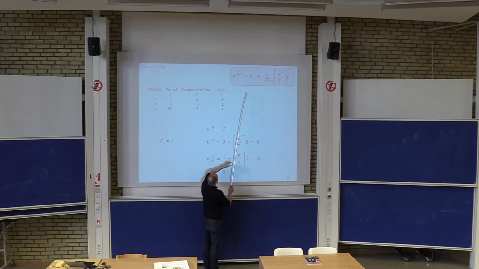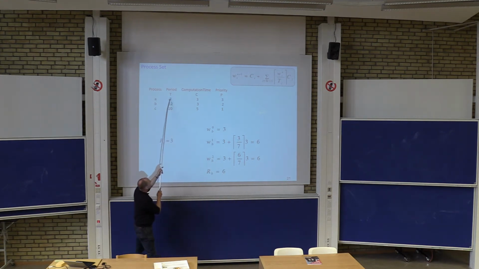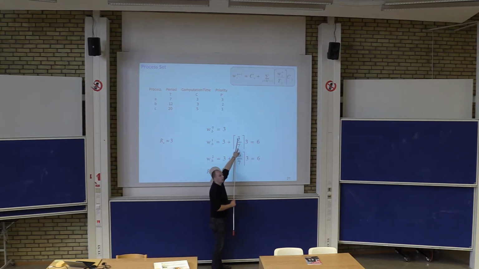So we now take this formula. We start with our initial guess. And then we say, okay, if it takes 3 time units to complete this task, and we know that the period of task A, which has higher priority, is equal to 7, it means that we can be interrupted 1 time by task A. And that time it will take 3 time units.